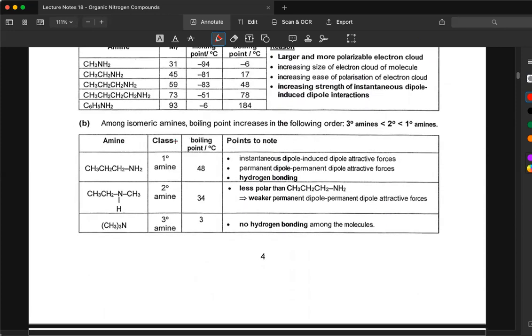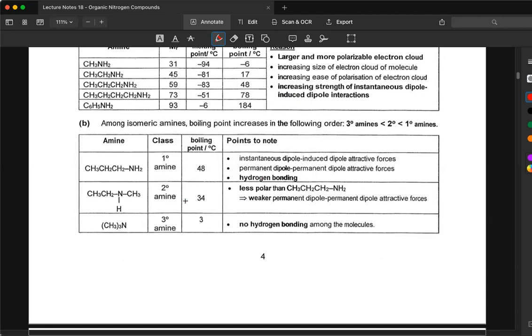Among the isomeric amines, the boiling point increases in the order, with the tertiary amine having a lower boiling point than the secondary, and the primary amine having the highest. For the primary amine, the main forces of interaction include ID-ID, PD-PD and hydrogen bond.